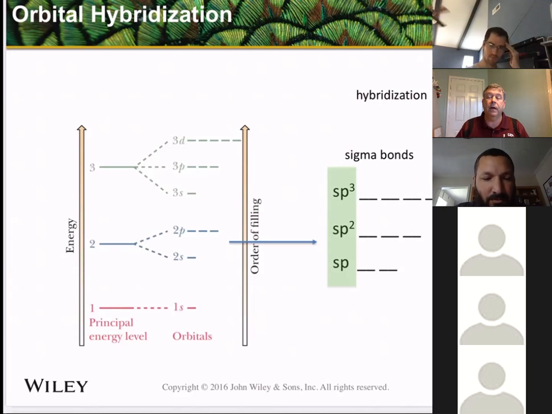If I have an sp2 hybridized carbon, I have 3 equivalent orbitals, meaning I have to bond that p to something else. And if I only have an sp, that means I have 2 p orbitals to play with. That means I have to have 2 pi bonds somewhere.